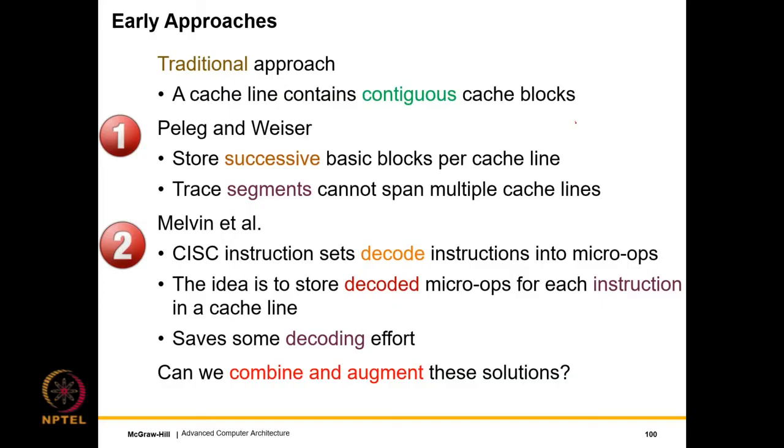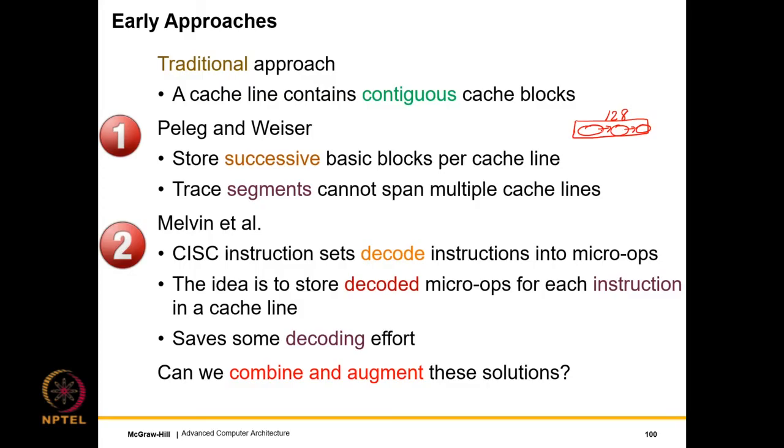Let's say you consider a long line, a 128 byte line: you store one basic block, then the one that is most likely accessed after it. But one limitation of this approach was that this trace segment, a sequence of basic blocks, could not span multiple cache lines. That became the problem to a certain extent.